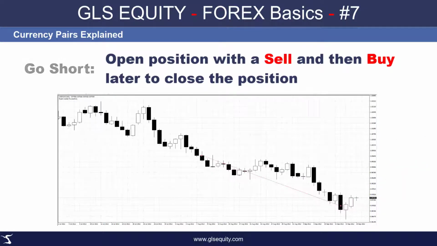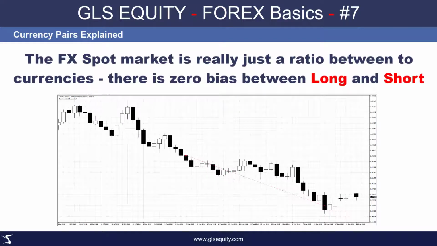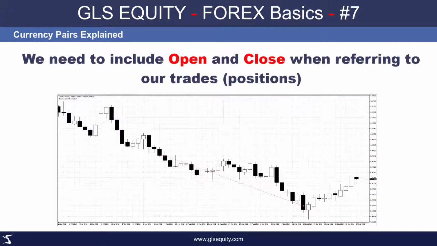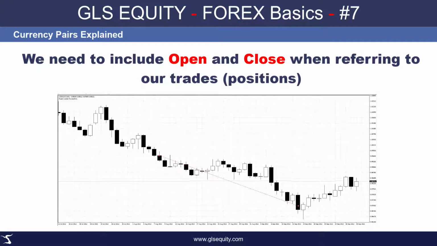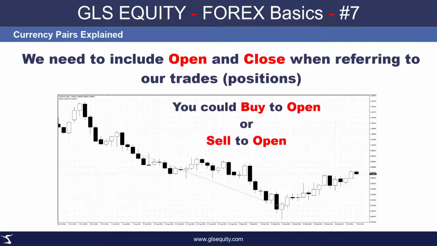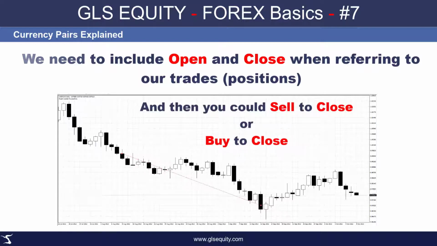And because the FX spot market is just a ratio between two currencies, there is zero bias between long and short. You can see why people refer to opening a position and then closing the position, instead of just saying that you are buying and then selling. The lingo can get confusing when dealing with short trades, and especially when dealing with complex derivatives.